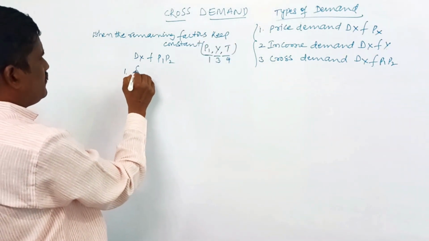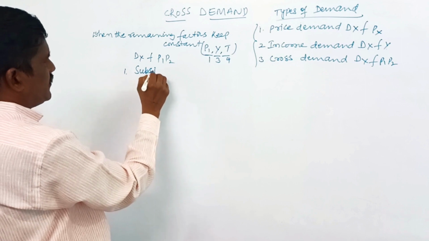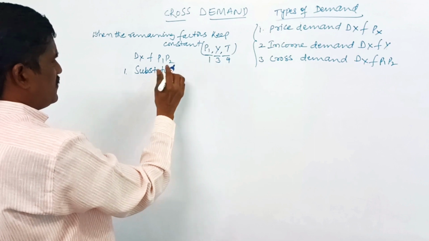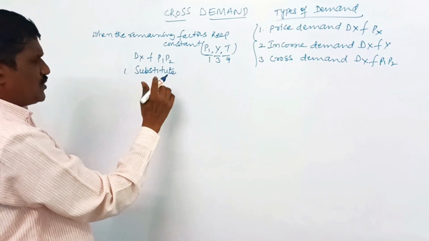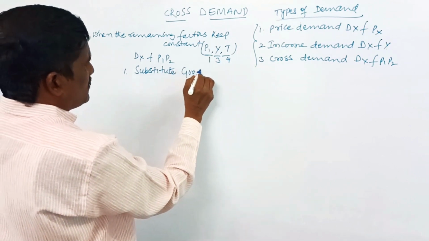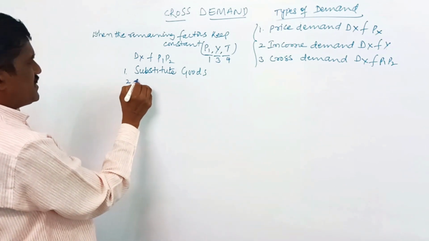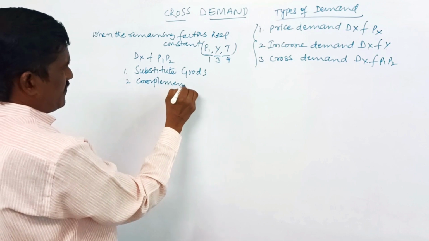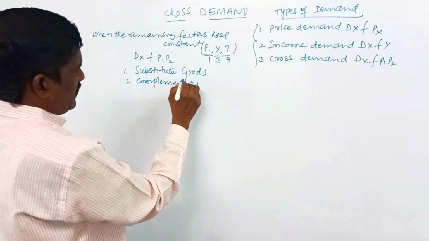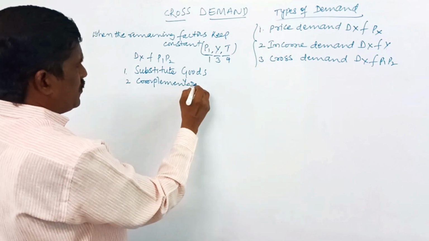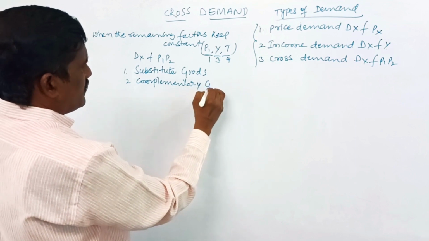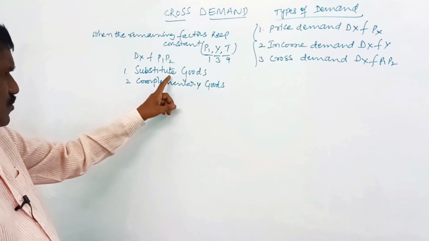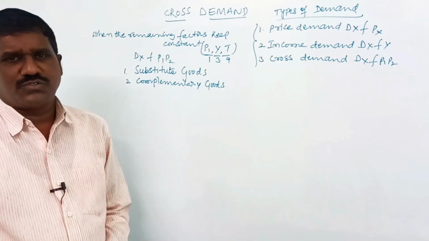One is substitute relationship goods, and the second is complementary goods.